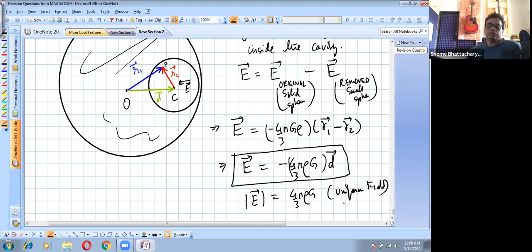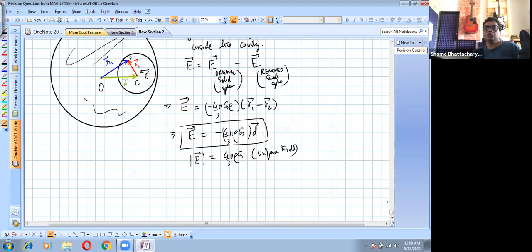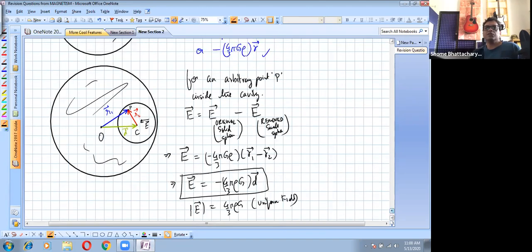This is an important theorem, both for electrostatics and for gravitation. If this situation is in electrostatics, as you know, this will have to be a solid non-conducting sphere with uniform charge density embedded inside it, and then you cut a spherical cavity in it. Inside that spherical cavity, you will have a uniform electric field.